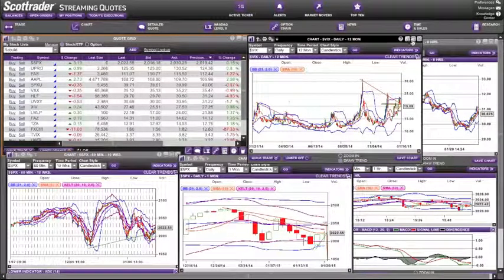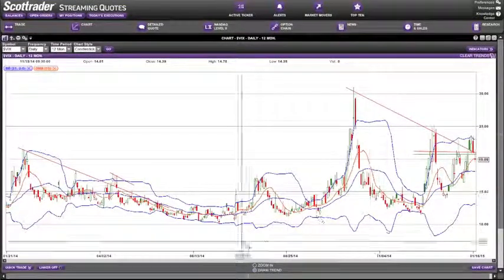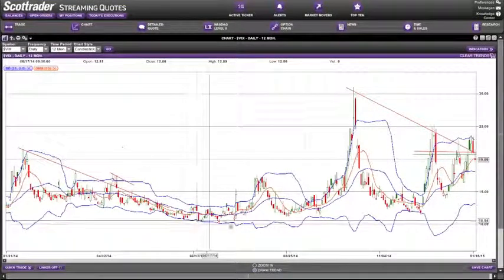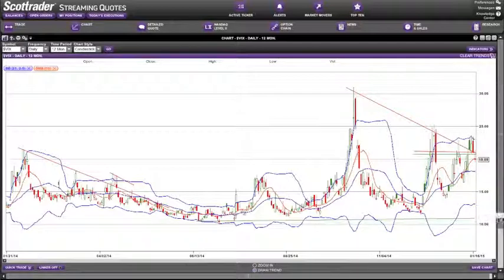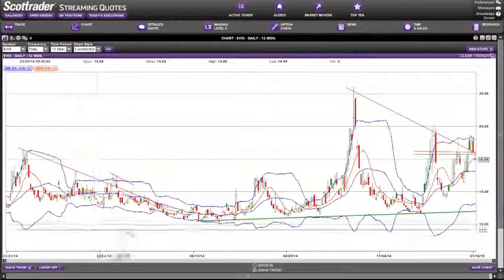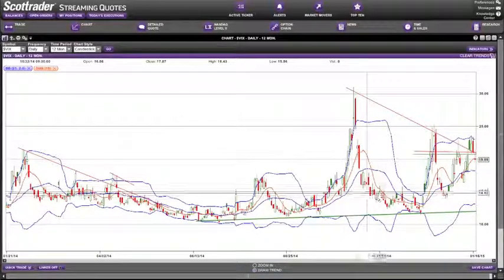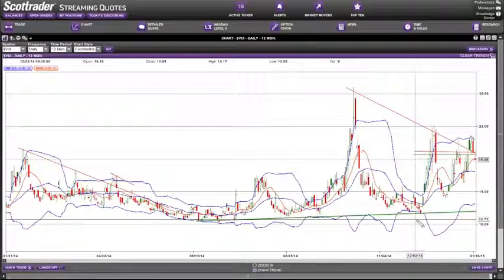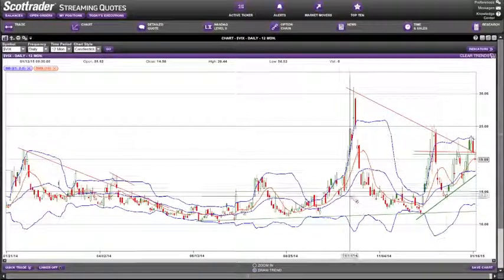Getting back to the VIX. This seems like the line of support right here. Right there, that's what it is. A little bit above, a little bit below. I think that might... Let's see here.